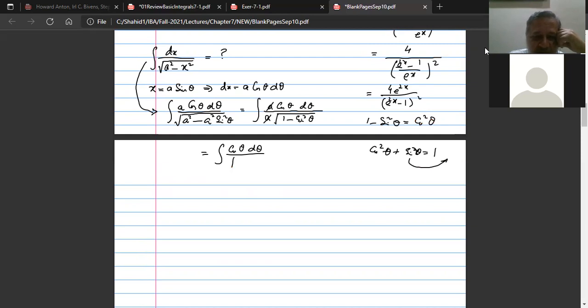So under the root you have got cos square theta. That means integral cos theta d theta upon cos theta only. So cos theta and cos theta cancel out, and we are left with only d theta.